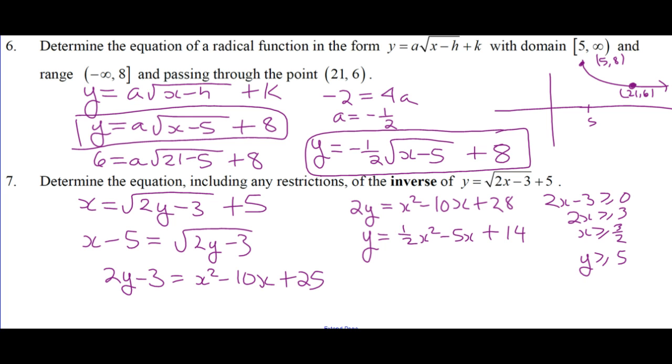The vertex is at (3/2, 5), so the vertex of the inverse is going to be at (5, 3/2), right? But this is what we want. And the restrictions: x is greater than or equal to 5. That has to be a restriction, and that's really the only restriction on that, right?